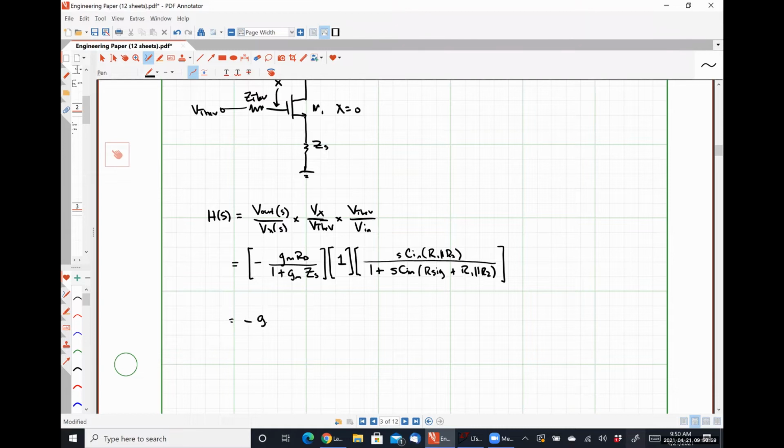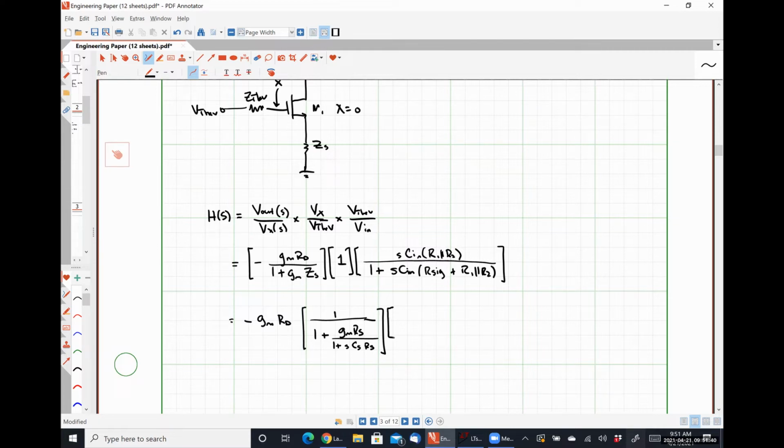I'm going to have negative gm RD multiplied by a factor of 1 over 1 plus gm RS divided by 1 plus S CS RS. So all I've done there is just substituted in ZS, because we know that ZS is RS over 1 plus S CS RS.